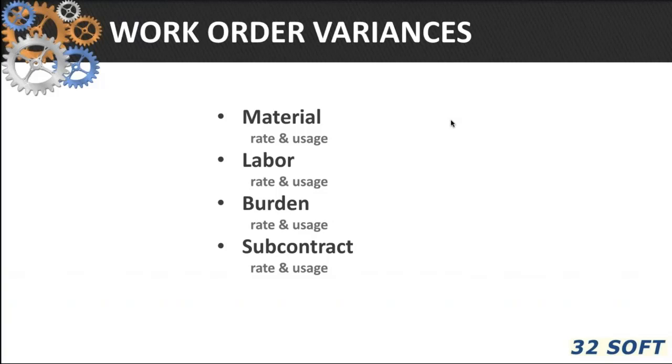Rate variance is not associated with labor only, the example that I just gave. It could be part of materials, subcontract, or burden variance as well. For example, if standard subcontract work order cost is $10 and PO cost is $11, then there will be $1 subcontract rate variance for the work order.